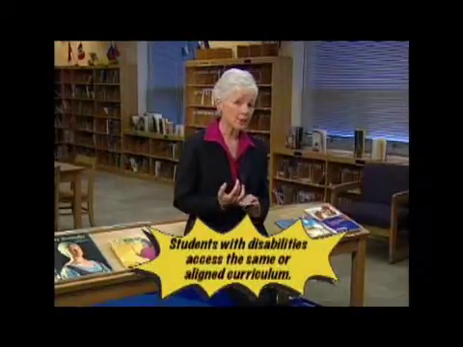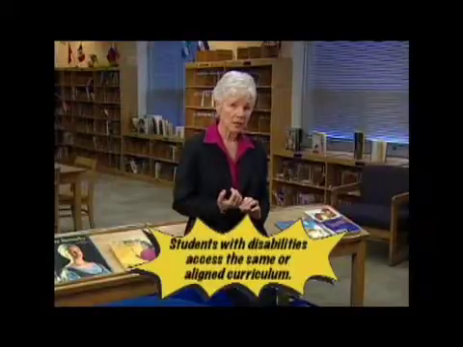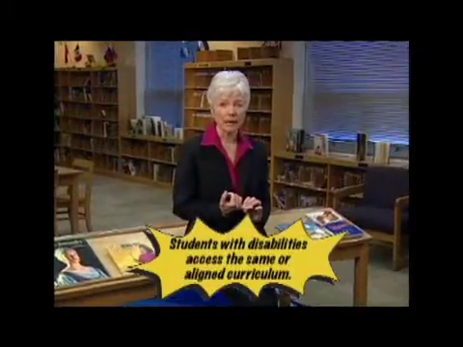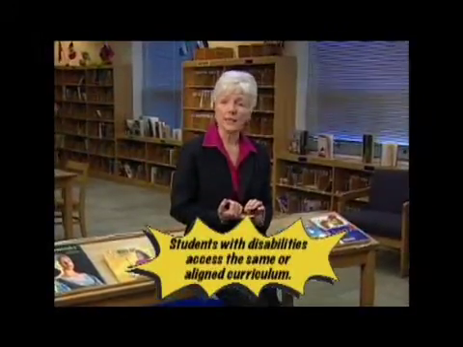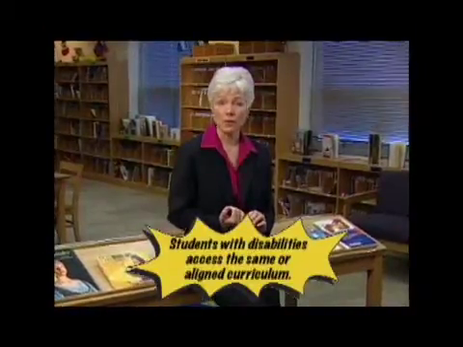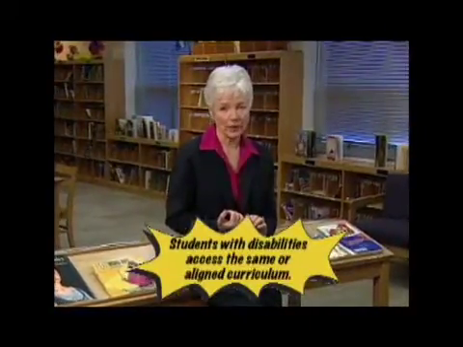Teachers use their assessment data and their planning process to choose the content and materials that they'll use during instruction. First, for the vast majority of students with disabilities, the content really is the same. They should be accessing the same curriculum as other students, even if they struggle with reading.